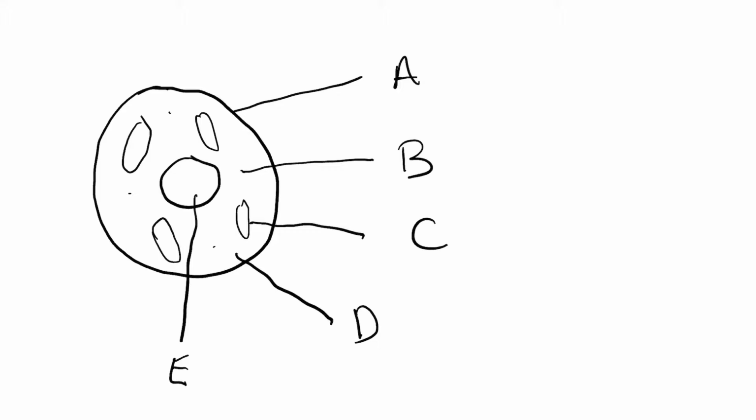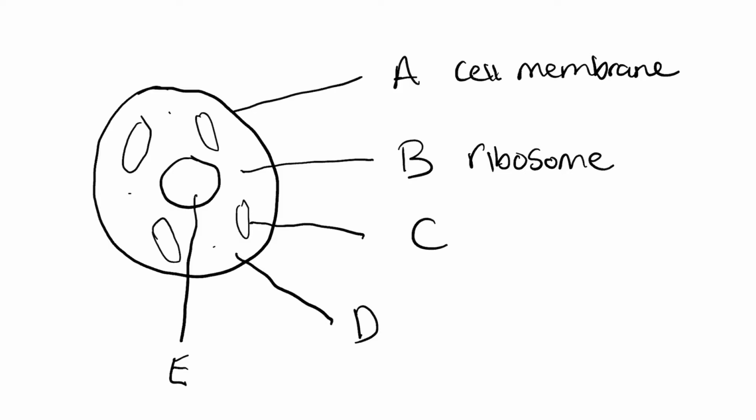Okay, so hopefully you should have got that A was the cell membrane. And hopefully you remembered that it controls what can enter and leave the cell. B was pointing to a ribosome. And hopefully you remembered this is where protein is made. C is pointing to a mitochondria.